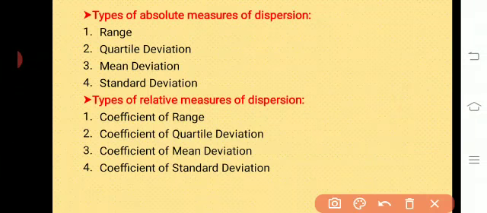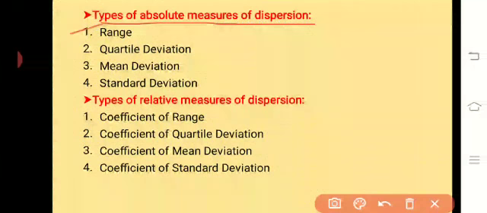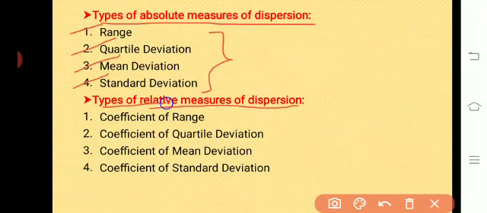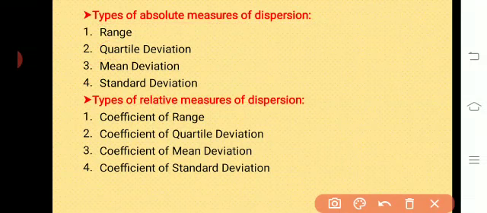Then we have types of absolute measures of dispersion. There are 4 types of absolute measures. First one is range, second is quartile deviation, third is mean deviation, and fourth is standard deviation. Now with respect to these 4 absolute measures, we have the relative measures also. So there are 4 types of relative measures. If we consider range, then its relative measure is coefficient of range.